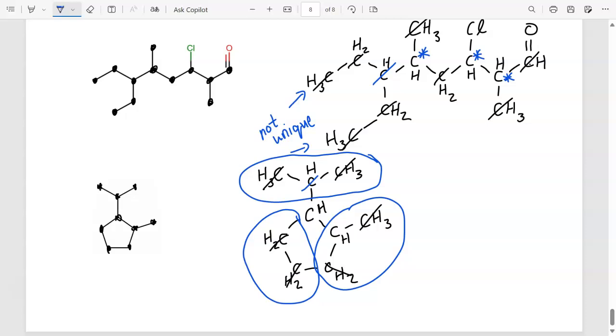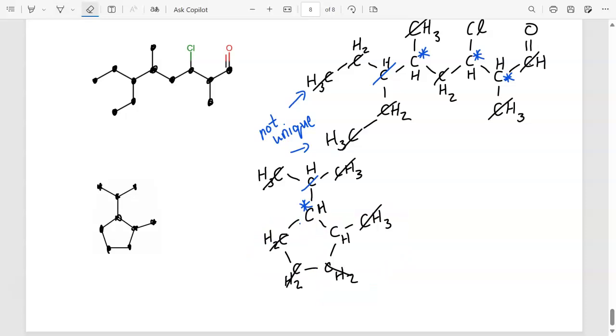And then when I look at the 2 bottom pieces on the left and right-hand side, one side has a methyl group coming off of it. And so that makes it unique from the left-hand side. Sorry, the right-hand side has a methyl group and the left-hand side does not. So those are indeed 4 unique pieces coming off of that carbon. And so that carbon is chiral.